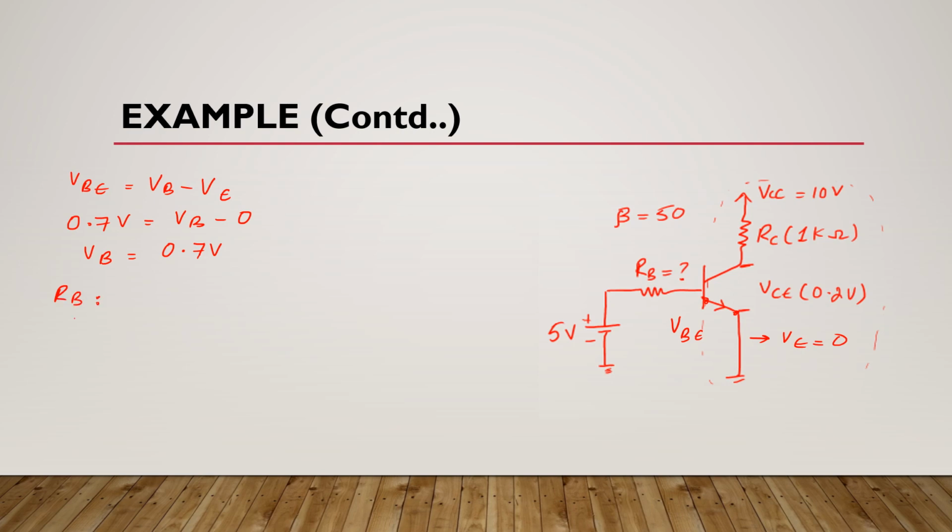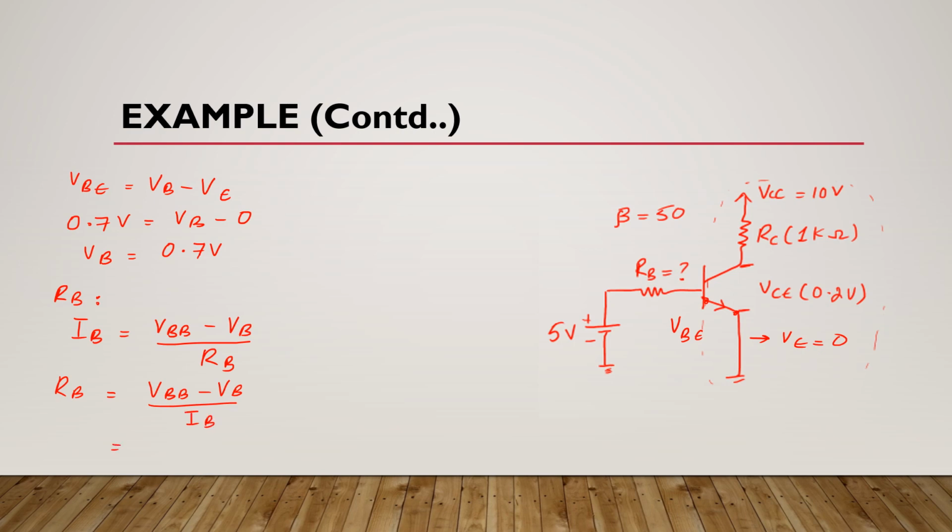Okay, now for RB, we use this formula. IB is equal to VBB minus VB divided by RB. It means RB is equal to VBB minus VB divided by IB.